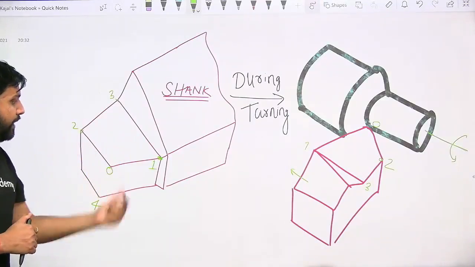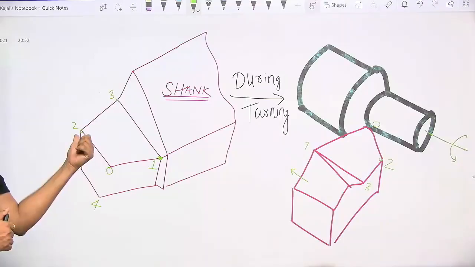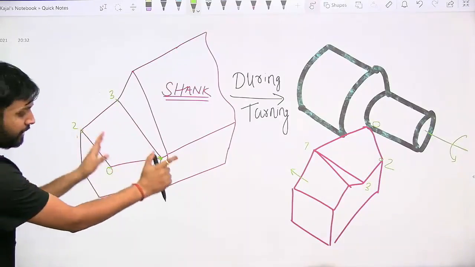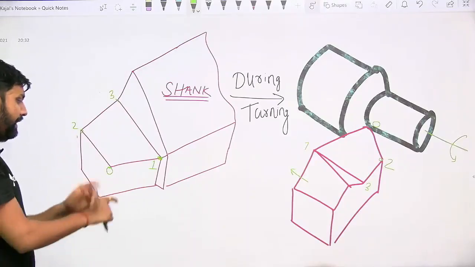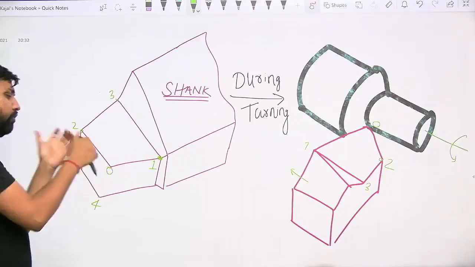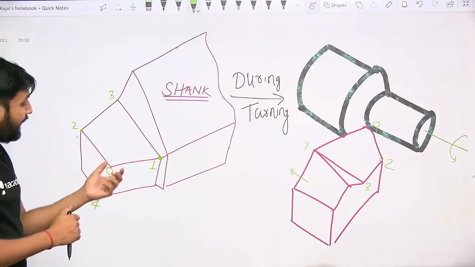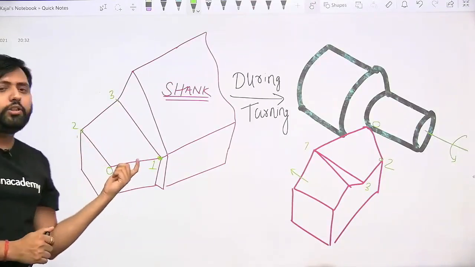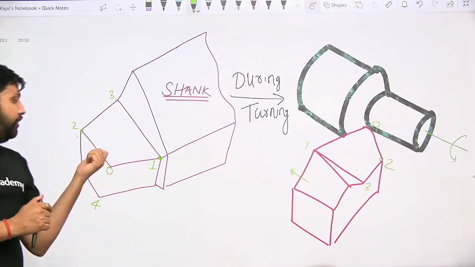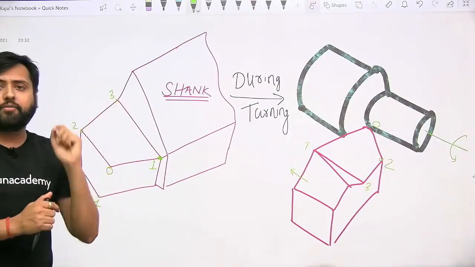In this single point cutting tool, 0-1 and 0-2 both are cutting edges. But if you observe the tool very closely, you understand that both are cutting edges, that is, 0-1 is also a cutting edge, 0-2 is also a cutting edge, but out of 0-1 and 0-2, 0-1 is on the side of the tool and 0-2 is at the end of the cutting tool.